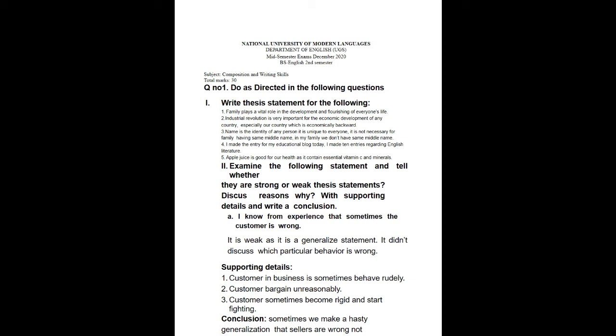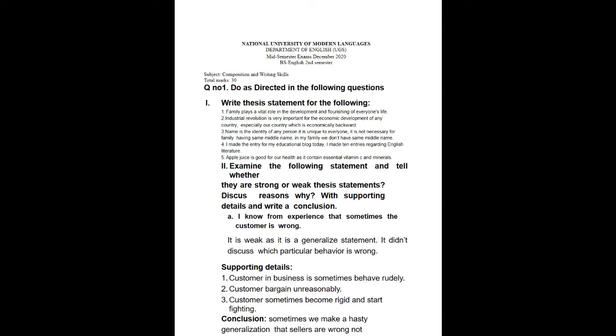An example is here. "I know from experience that sometimes the customer is wrong." This is the statement. You have to decide whether it is weak or strong. If it is weak, why is it weak? You have to give supporting details and a conclusion. So the answer is it's weak, as it is a generalized statement. It is not specific. It does not discuss which particular behavior is wrong.